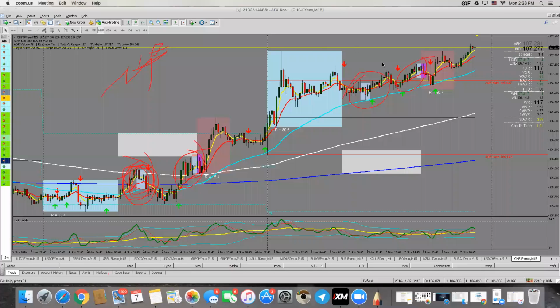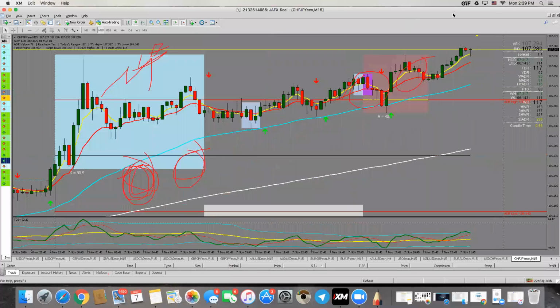Now let's slide a little bit to the right and look at these indicators over here. The ask is price, bid is price, the spread is 1.5. HODs and LODs are pretty much where price is at right now.